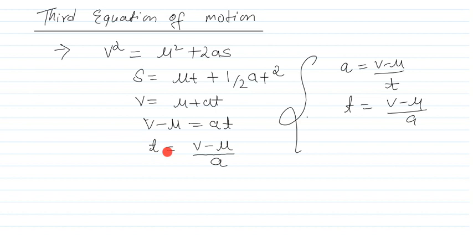So as the displacement from the second equation of motion, s will be equal to ut, so the value of t is that much, so it will be v minus u upon a, plus half at square, so the value of t is v minus u upon a, squared.